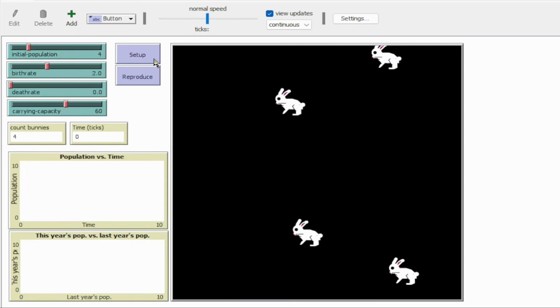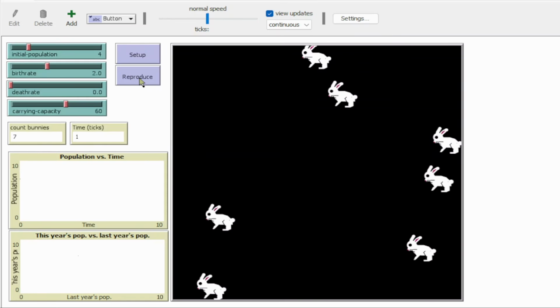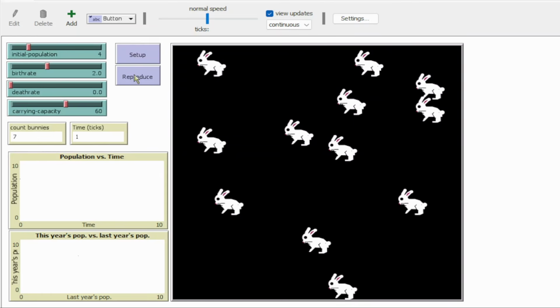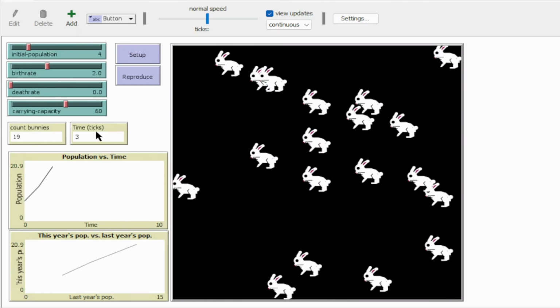So let's set up. We start at time 0 with 4 rabbits, reproduce, at time 1 we have 7, at time 2 12, and at time 3 19. As you can see, our value at time 3 instead of 28 is 19, because of the type of function we had, which is a nonlinear function.